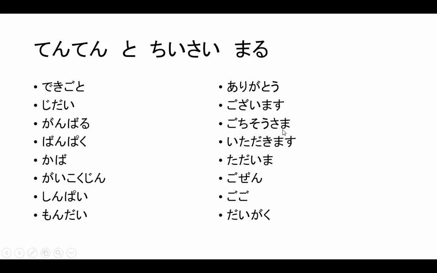There's that thank you after the meal phrase, gochiso-sama. And here is itadakimasu. This thank you before the meal. Itadakimasu. And tadaima. It's like I'm home. And gozen means AM. Gogo is PM. Daigaku, where we are right now?